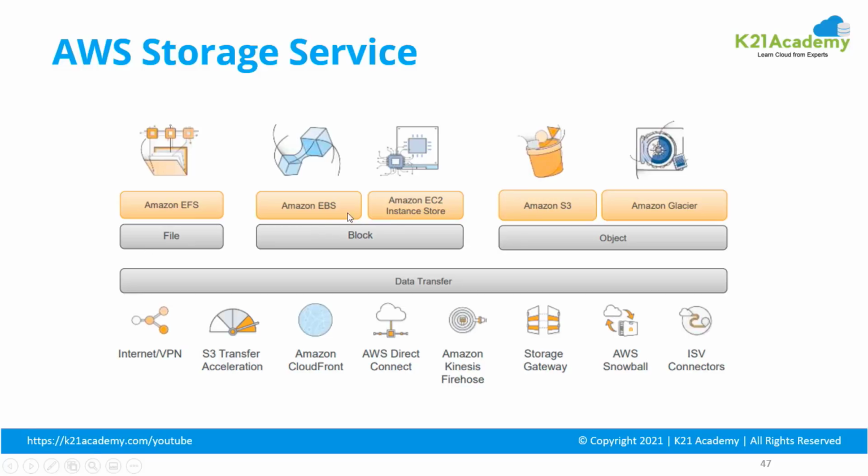And then the third one is file storage, where the storage is mounted across different servers using NFS, the Network File System, and you have hierarchies. You create folders and subfolders, if you're coming from a Linux background. Now, you can create folders and subfolders on a block as well, but file storage is mainly shared across the network.